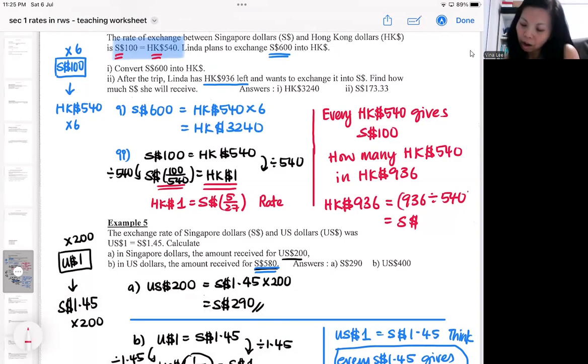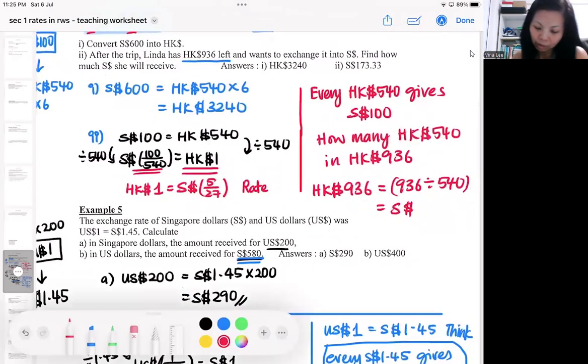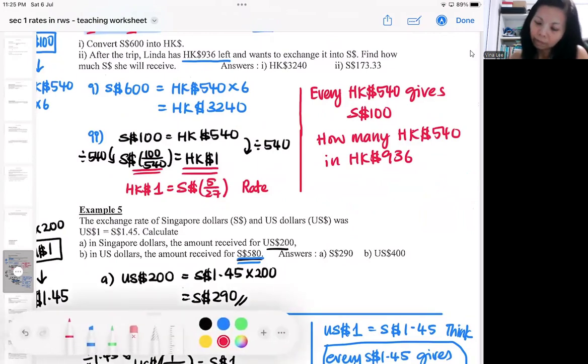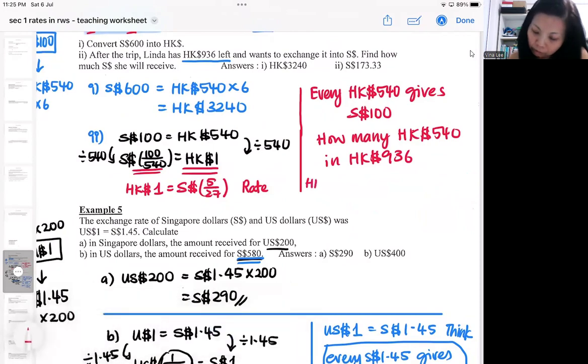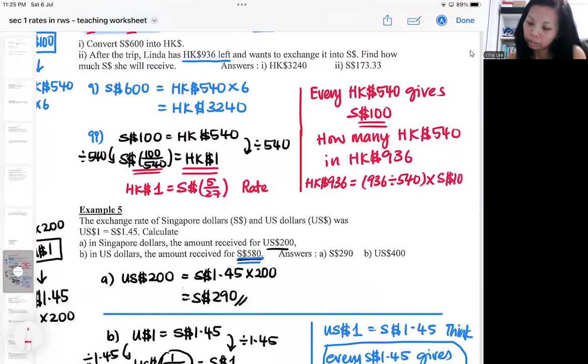After you find out how many, I think I need some space. Let me just erase this. In this case, you need to think, how many groups of 540? Let me write smaller. You find out how many first by dividing by 540, and each group is going to give you $100.